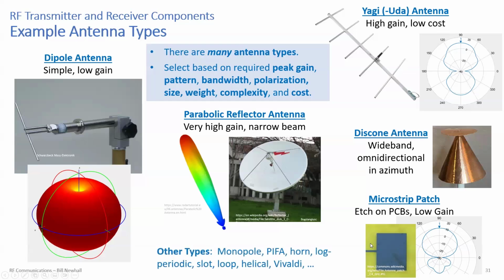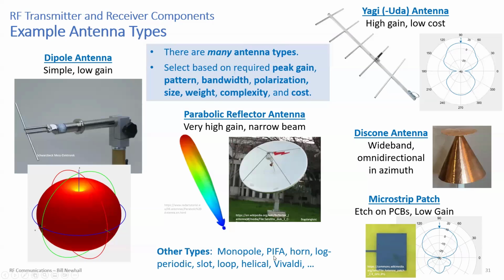Okay, there are many other types of antennas. There's the monopole antenna, like you'll see if you mount an antenna on your car, a kind of whip antenna coming out of the side of your car or your hood facing upward. That's a monopole antenna. Ham radio operators who use mobile radios will use magnetic mount monopole antennas.